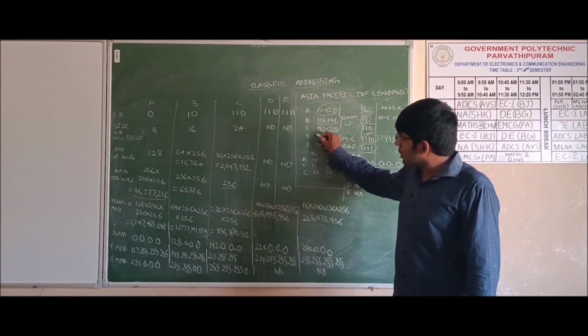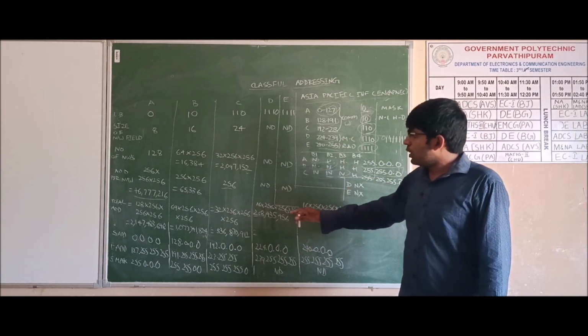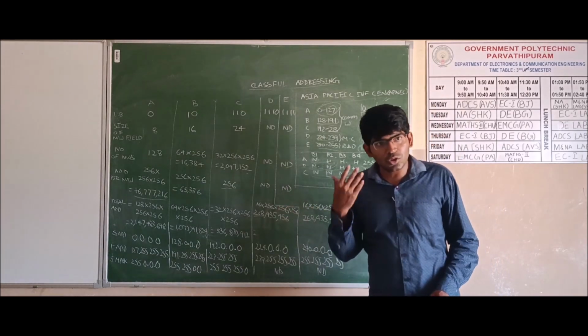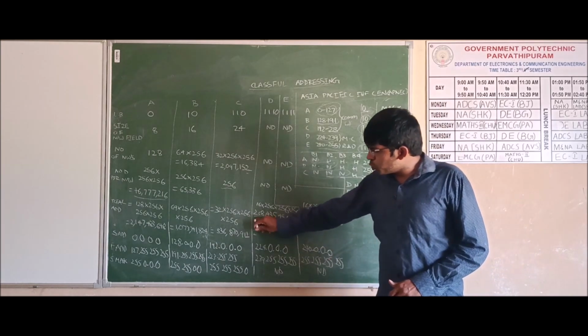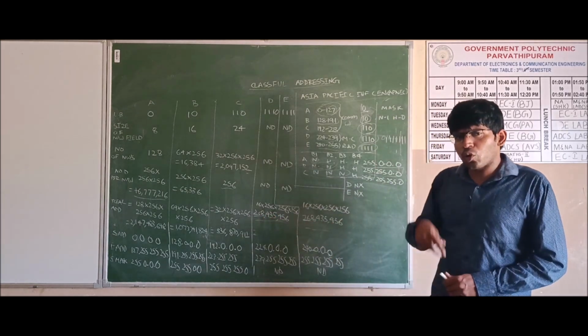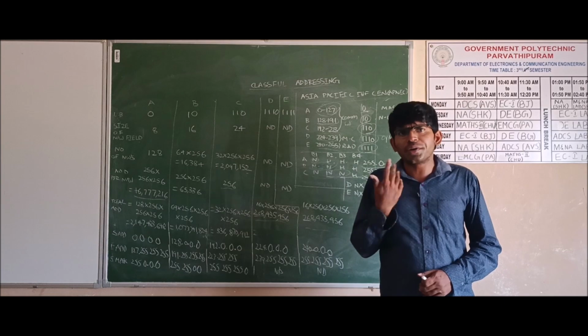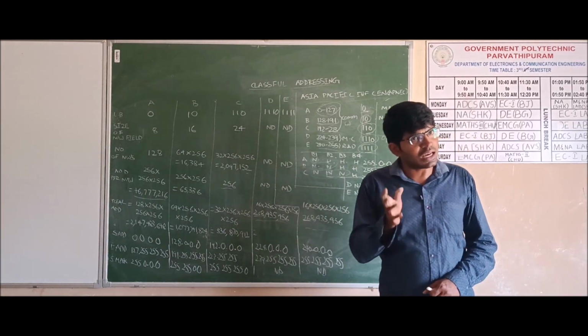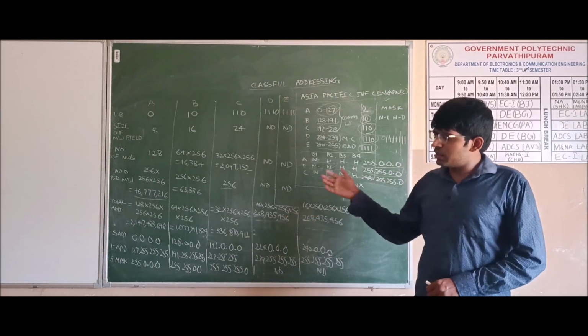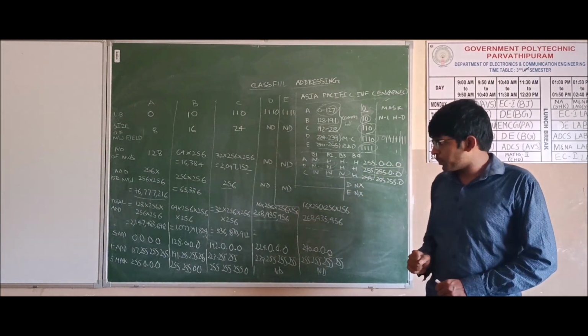Because here this is 16 into the remaining 3 bytes, 256 into 256 into 256. We can observe a huge number of 26 crores of addresses we are wasting with class D and E. This is the disadvantage of classful addressing. We are not using this for commercial usage.